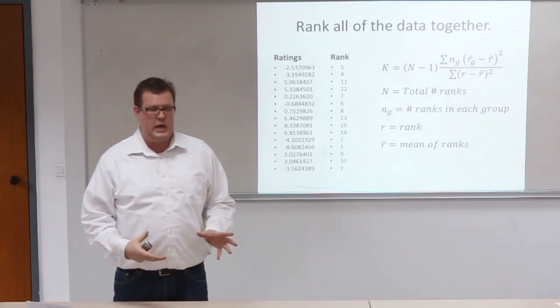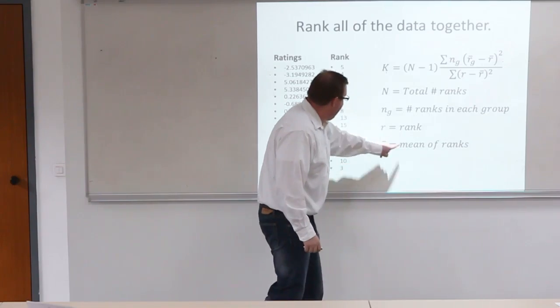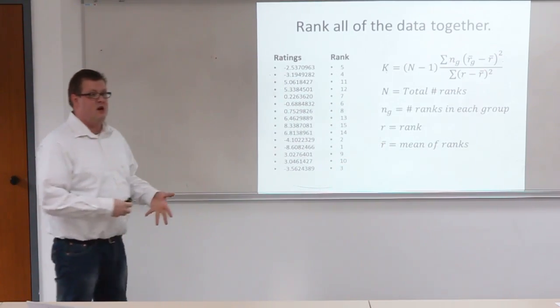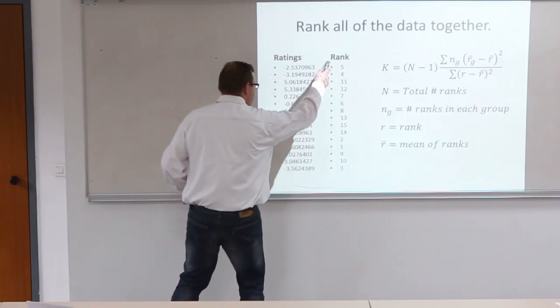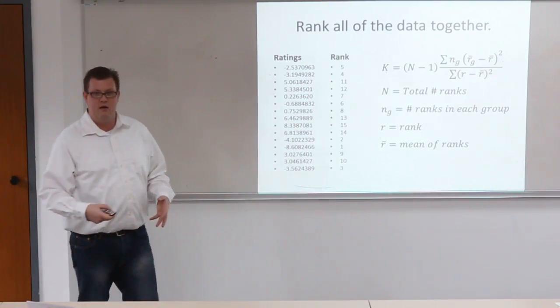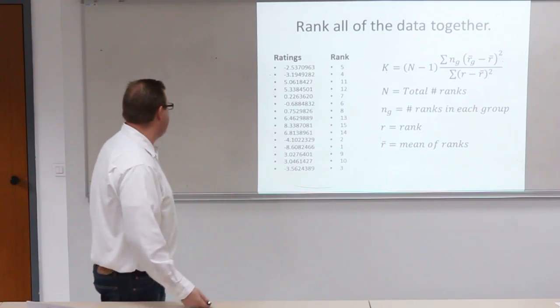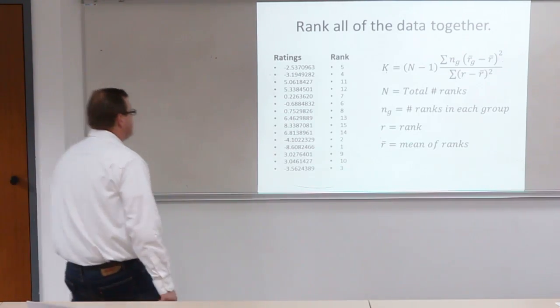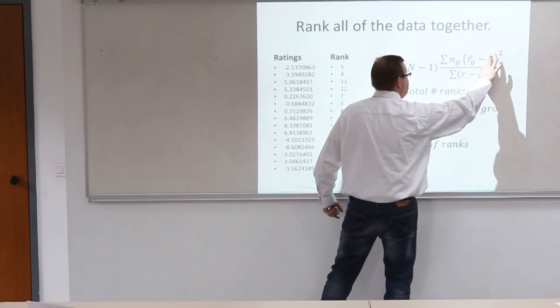So here what we're taking is a mean of ranks. So R with the hat over it is the mean of all of the ranks. So we're going to add up all of the ranks and divide by the number of ranks, and we'll get the mean rank.